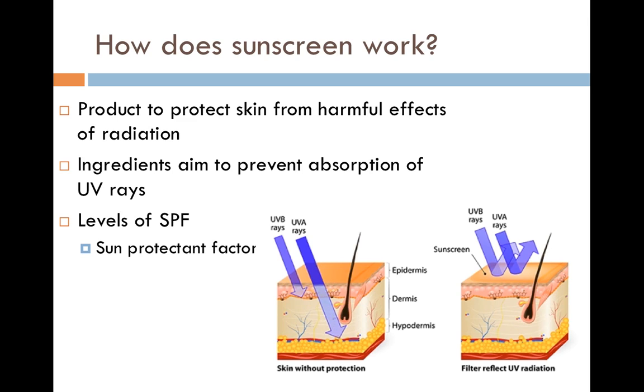The UVBs penetrate through the epidermis. The UVAs penetrate all the way through the epidermis, through the dermis, and even down into the hypodermis. And then in the next picture on the right, you see the UVA and UVB rays being reflected off of the skin. And it only lasts for a few hours, so it's important to reapply sunscreen, especially if you've been in the water.